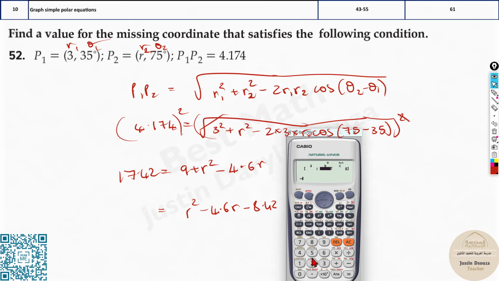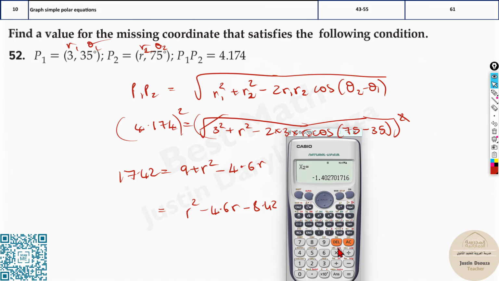It's nothing, that's 1. Then we have minus 4.6. Lastly, we have minus 8.42. The answer is 6. This is 6.00, you just take it as 6, the reason being we have not taken all the decimal values over here.